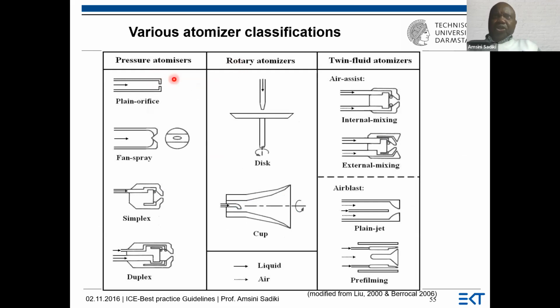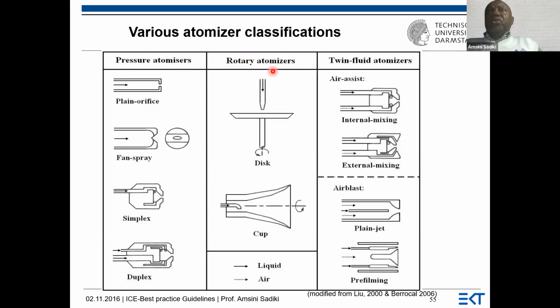So for pressure atomizer, we have the plain orifice, we can have the fine orifice, we have the simplest orifice. So that is the direction of the fluid flow, and that is the duplex. So we have the two. So we have these two orientations, two directions of the liquid flow.